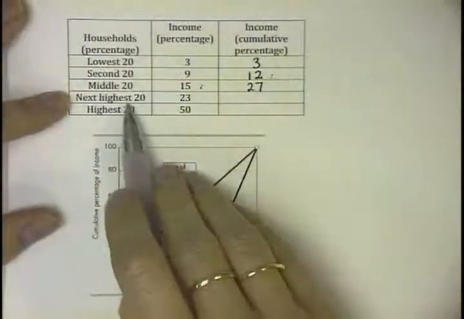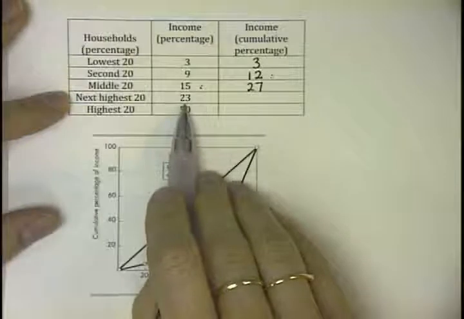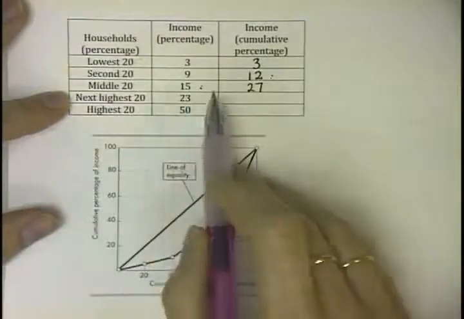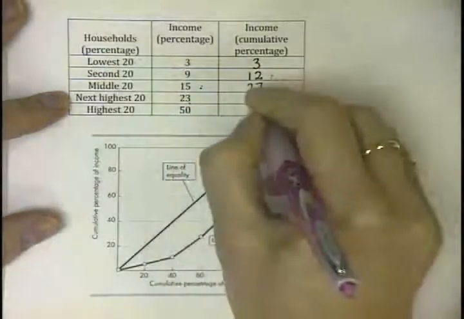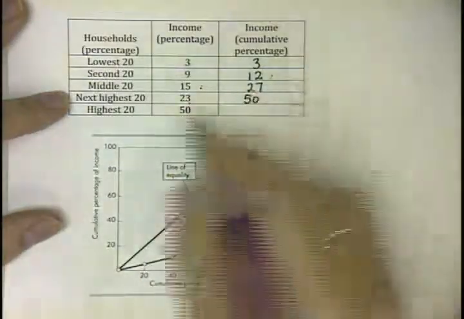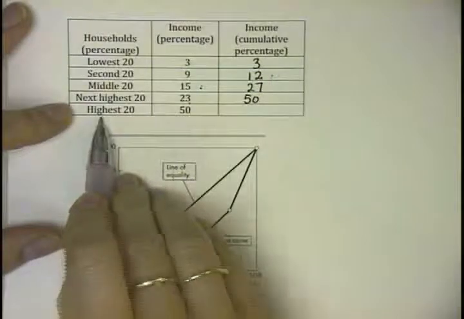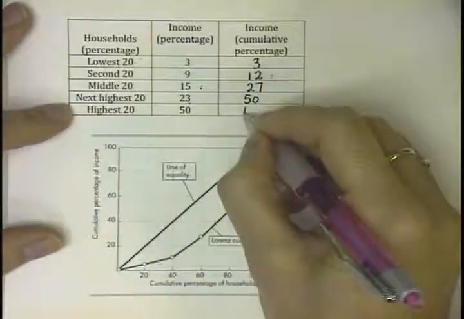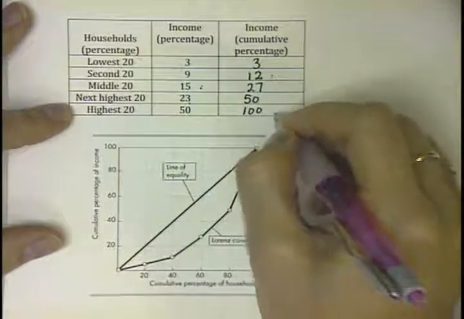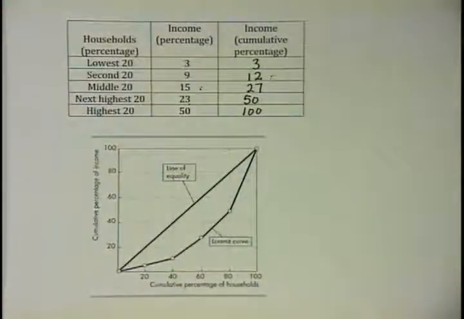If we add the next group, we have 23% for the next highest 20% of households. So 23 plus 27 is 50. And once we get to the highest 20% of households, that has to equal 100. This number is always going to be 100 because it includes everybody.